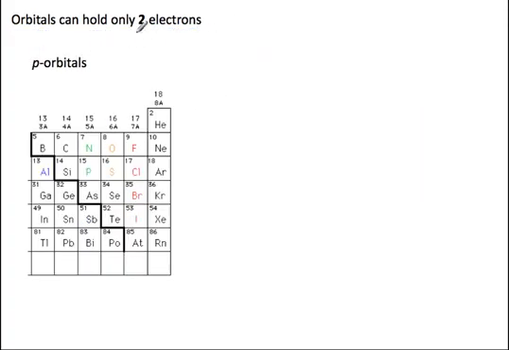Again, if we can only hold 2 electrons in an orbital, when we get to a different block, like the p block, we have to have more orbitals. The p block is 6 columns wide, 5 to 10 is 6 columns. That means 6 electrons go across each row in the p block, and that means we have to be able to hold 6 electrons.